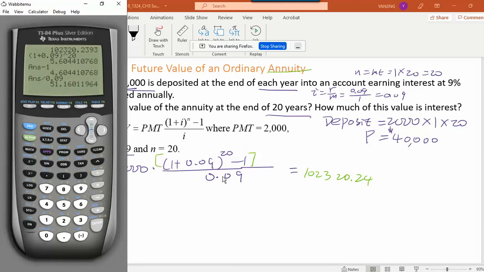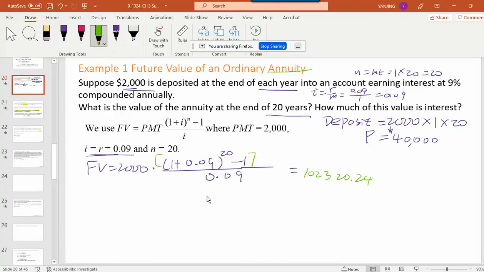You can calculate step by step, and then multiply by 2,000. All right, I got exactly the same answer right here, right? So you can break it down if you think it's too much to input it at once. Calculate this parenthesis first, and then minus 1, and then divide by this one, and then the entire thing multiply by this.